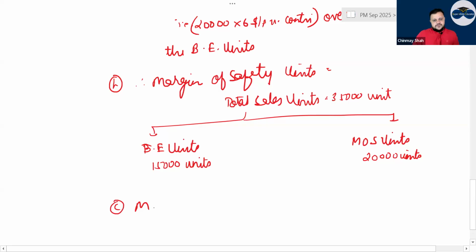Therefore, C, if I ask you margin of safety sales, how much is total sales in dollars?